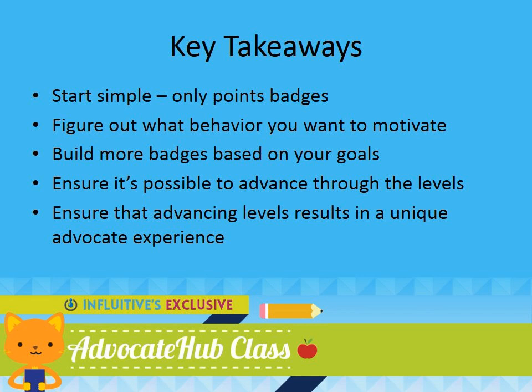To be honest, Influitive is new and the AdvocateHub is new, and I'm not sure we actually have enough data to understand the correct length of time for your advocate to be progressing, or what the ideal experience is in terms of where people should be in the level experience.